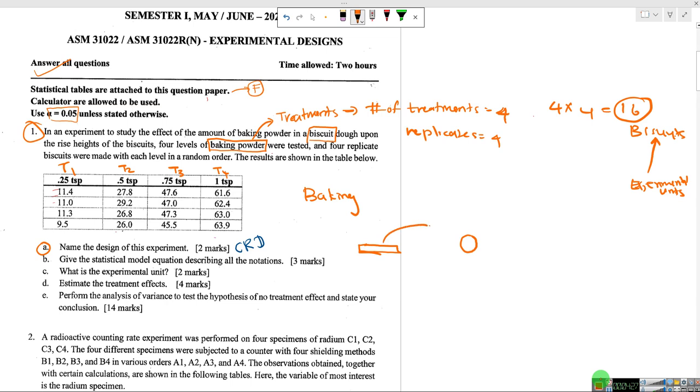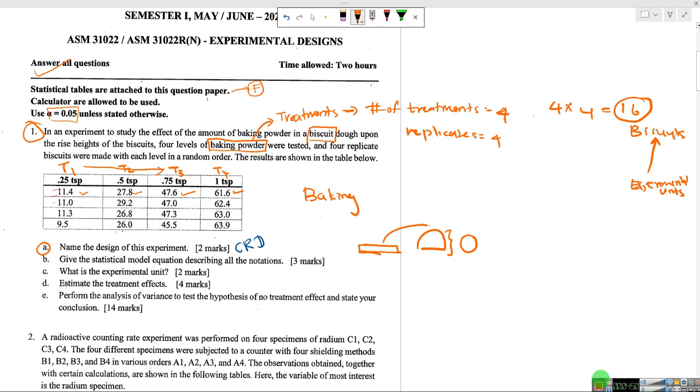Then we cook it and it will rise. We measure the height of this rise. These are the observations. If you use more tablespoon, the height will be higher. That's why this is 11.4, this is 27.8, this is 47, and this is 61.